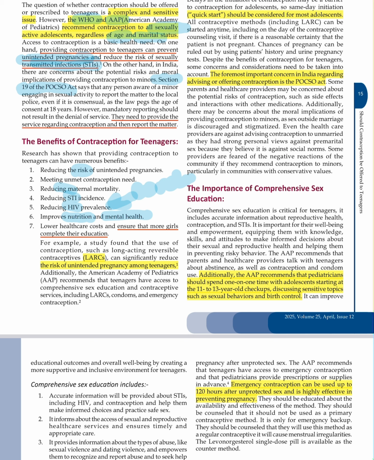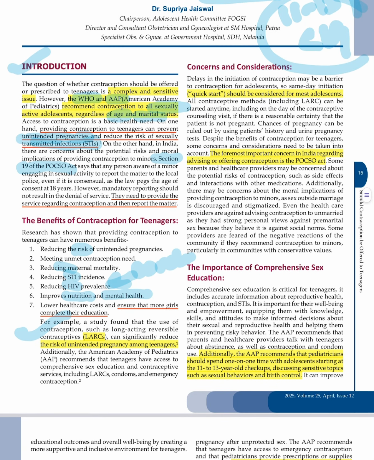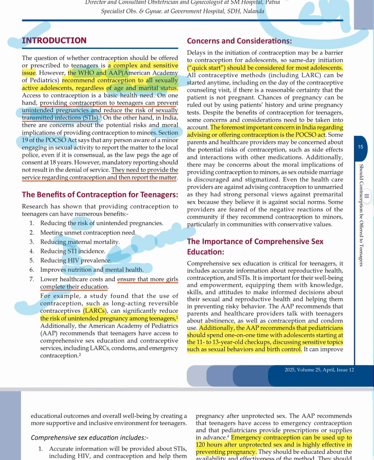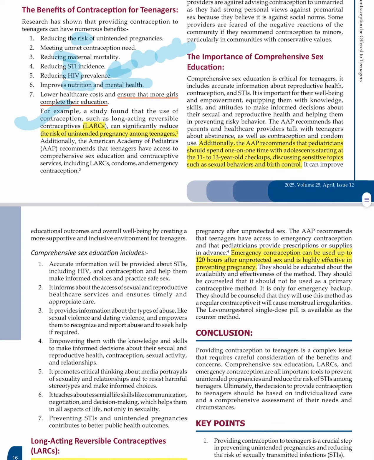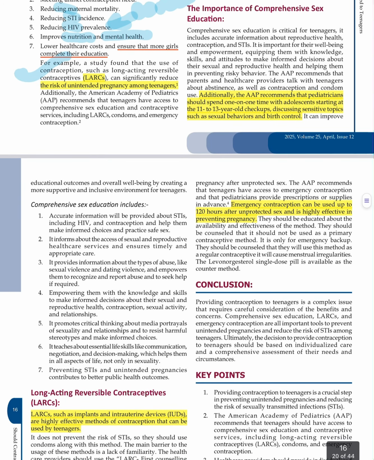Okay. So this article says that it is better to go for LARC, long acting reversible contraception is best. The concern is you can give a quick start. Like in adolescents, if they want contraception, give a quick start. Then the American Academy of Pediatrics recommends spending one-to-one time with adolescents. If an adolescent comes to your clinic, spend one-to-one time.